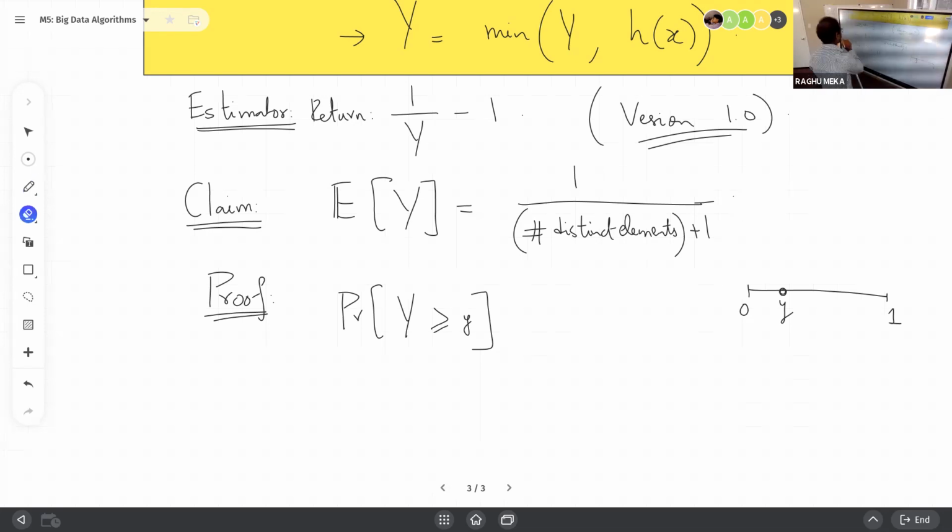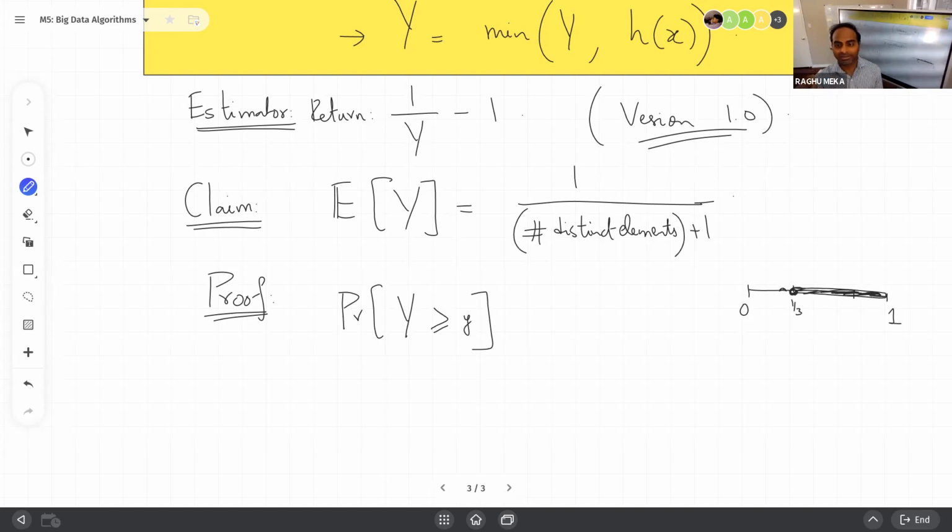Right? So this is my 1/3. Then each distinct element gives me a new point on the line, right?